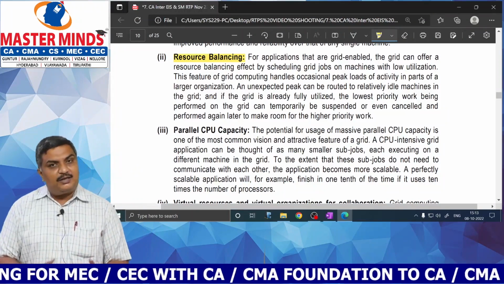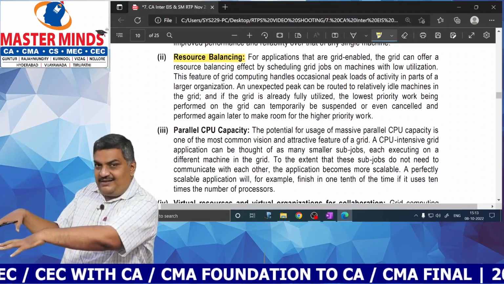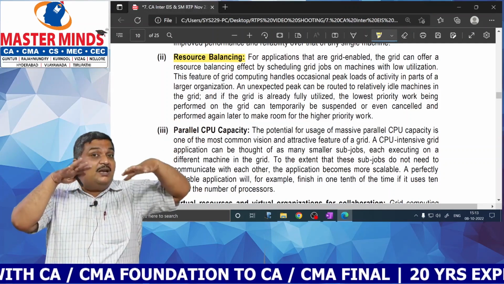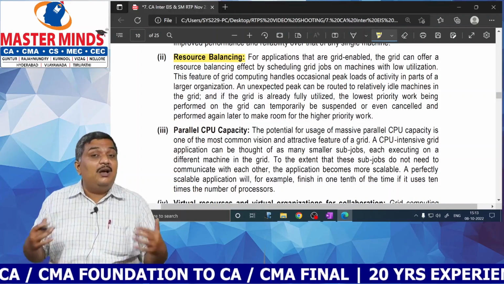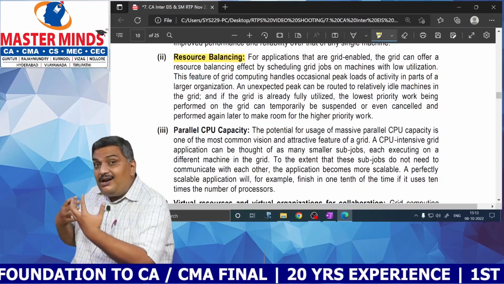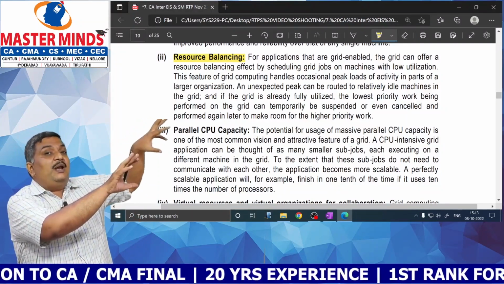What do you mean by resource balancing? At some places, the resources are underutilized, and at some other places, we want more resources. Now, grid computing offers a solution. How? We can collect the resources from where they are underutilized, and you can use them wherever you want.